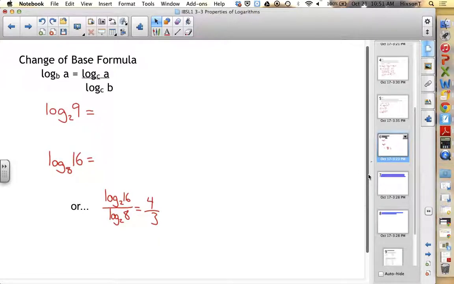If I had the log base 8 of 16, these are both powers of 2, right? I could change it to base 2: the log base 2 of 16 over the log base 2 of 8. Well, 2 to the 4th power is 16, 2 to the 3rd power is 8, so this equals 4/3.